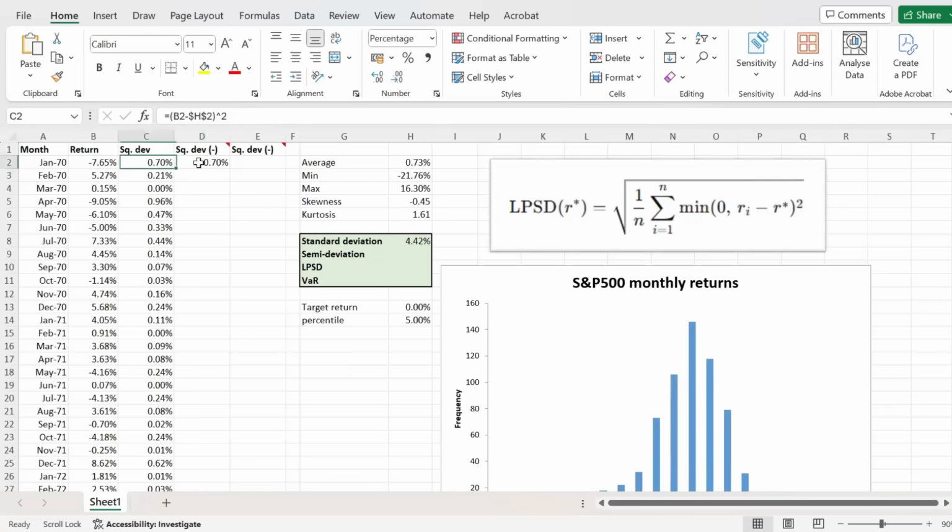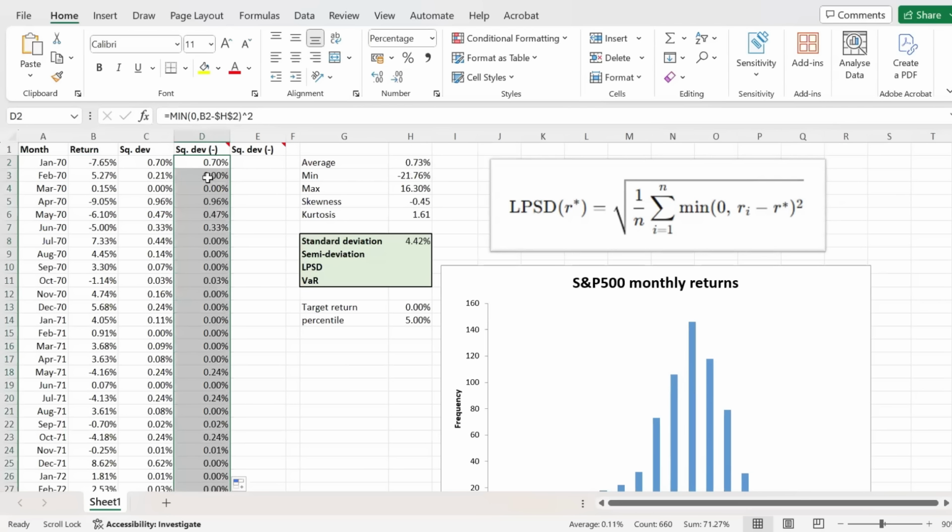So you can see that this is identical because this is basically a negative deviation, but when I pull this down, you will see that there are lots of zeros as well. So we are not taking into account positive deviations. We are only taking into account negative deviations from the mean. So all I'm going to do, I'm going to use, again, this range, okay?